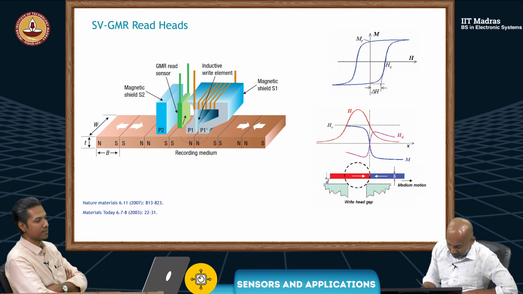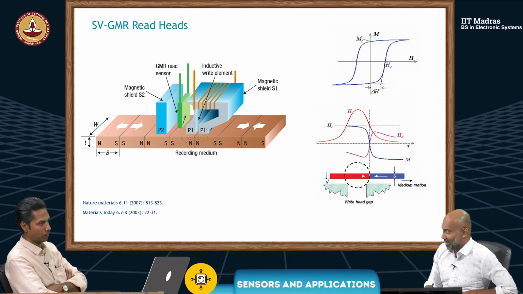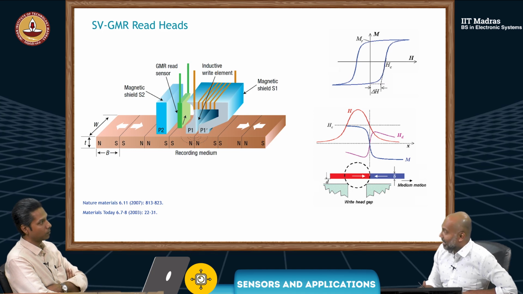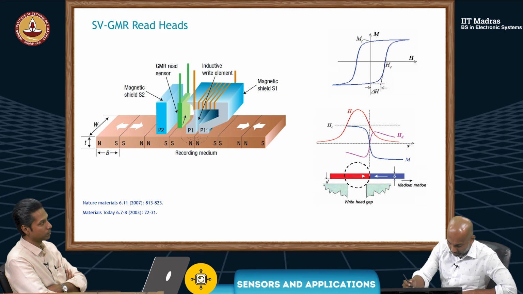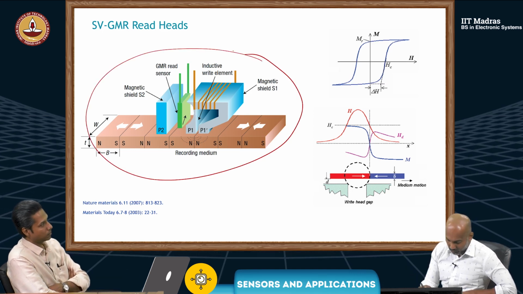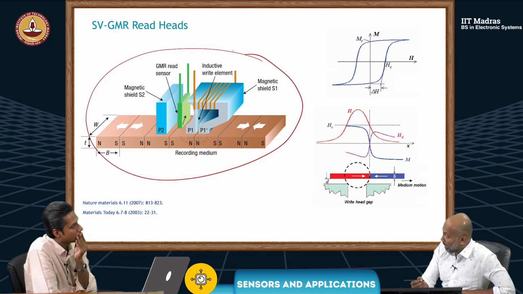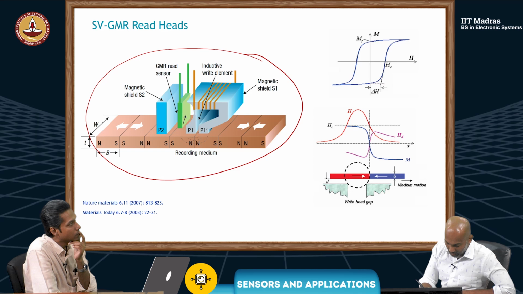So one of the main applications, actually, I think the first application of GMRs was in hard disk drives. Here you have a schematic of how the spin valve type GMR sensors are utilized in hard drives.